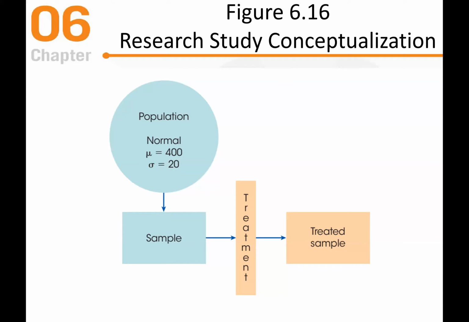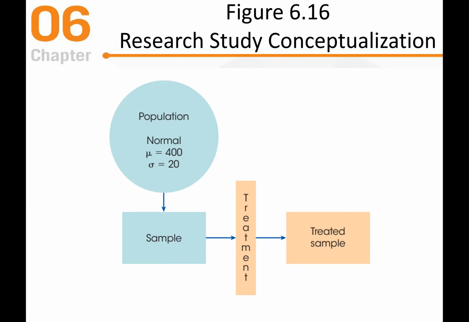And we're going to look at the treated sample and compare it to the population that it came from. And if we find a sample that's really, really far away from what the population mean is, we're going to say that the scores are very unlikely.